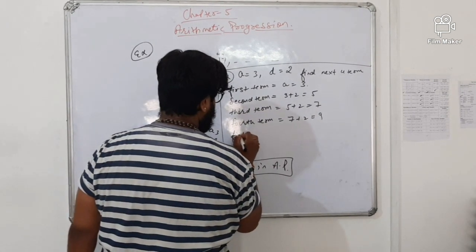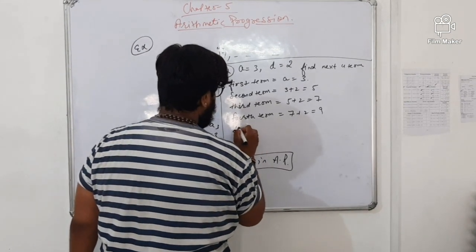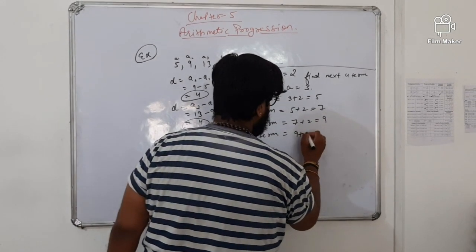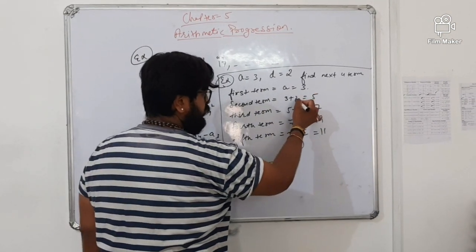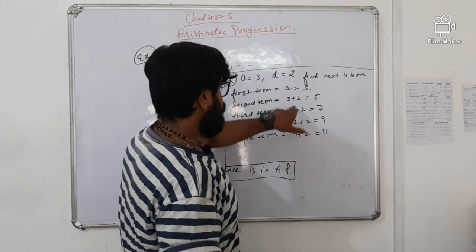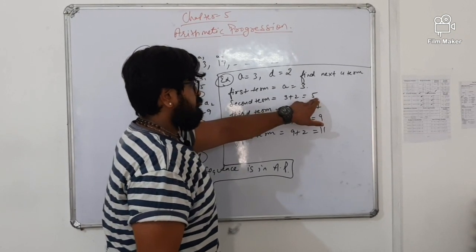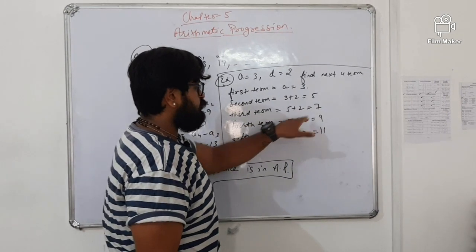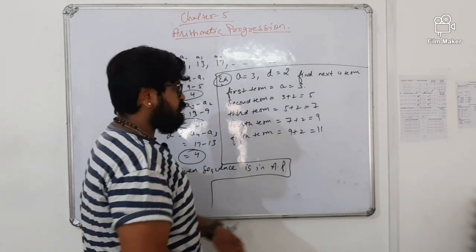And fifth term: 9 plus 2 is 11. You just add the common difference to the number you get again and again. The first term is 3, add the common difference to get the second term. Add the common difference to the second term to get the third. Then add it to the third to get the fourth. In this way you will get all the terms of the AP.